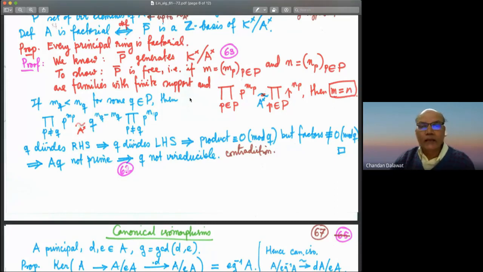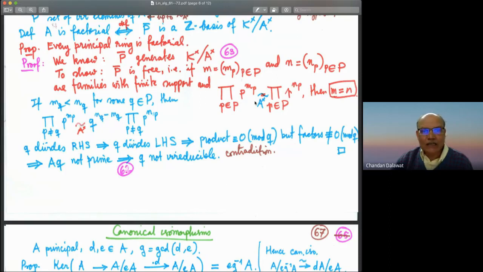Okay. If they are not the same, there's going to be some Q in P such that MQ is smaller than NQ. I mean, up to changing M and N, we can assume that there is some Q in P such that MQ is strictly smaller than NQ. Now you can divide both sides of this.